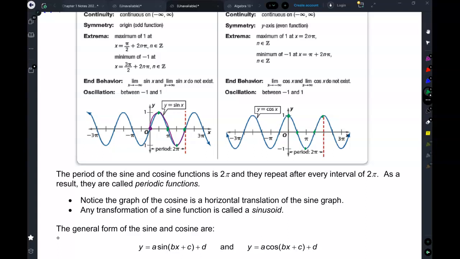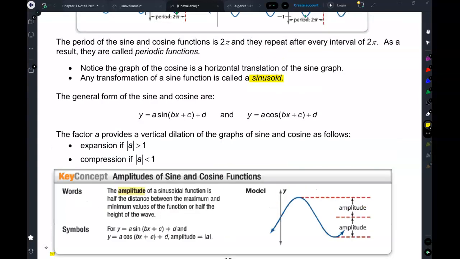Because they're derivations of the same thing, they're called sinusoidal graphs, or sinusoids, deriving from the sine. There's so much I want to say, I could keep talking about this forever. Okay, let's move on, and then we'll talk about even and odd functions.